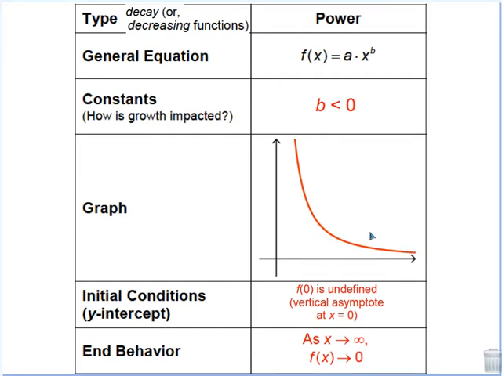But on this end, as x approaches positive infinity, your y is going to approach 0 here. Okay, so you end up with asymptotes. You have a vertical asymptote here at x is 0. You have a horizontal asymptote here at y is 0. Okay, that's essentially what a decaying power function does.